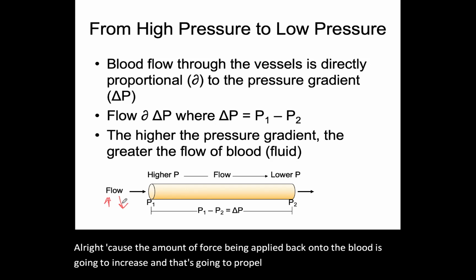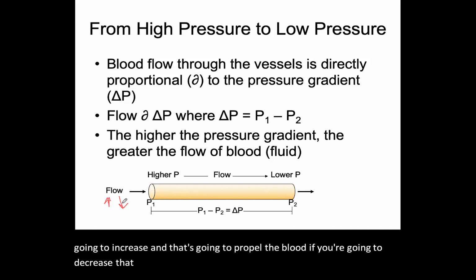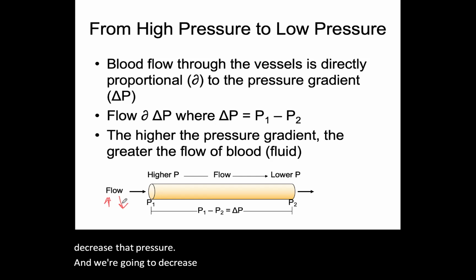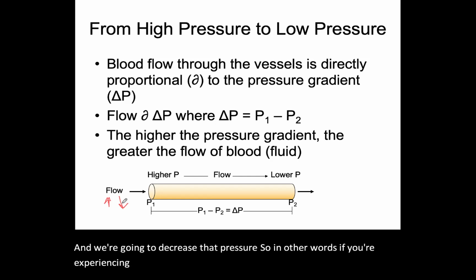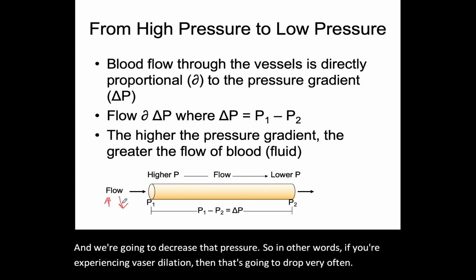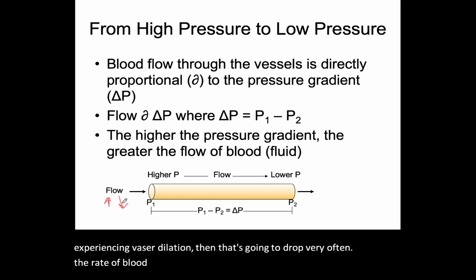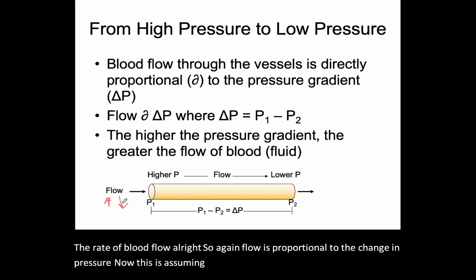If you're going to decrease that pressure, so in other words, if you're experiencing vasodilation, then that's going to drop very often the rate of blood flow. All right, so again, flow is proportional to the change in pressure. Now, this is assuming that your blood volume stays the same.